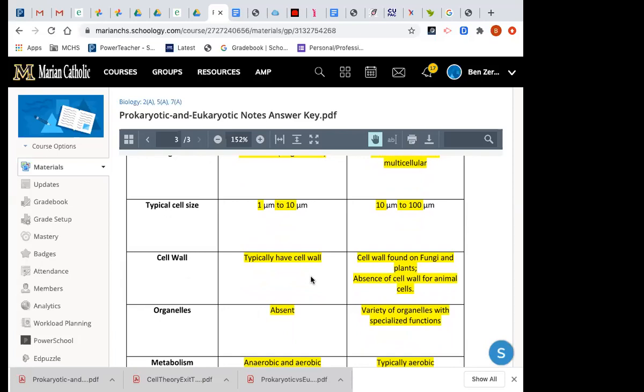Animal cells don't have them, and that's why you can move the way you do. That's why you can move fluidly. Okay? Now, organelles are absent in prokaryotes, and they are present in eukaryotes. Okay?